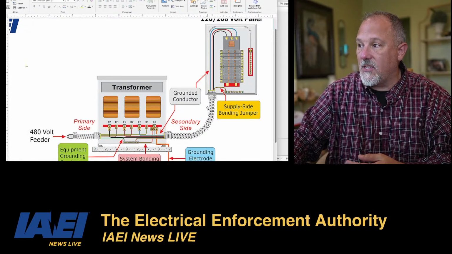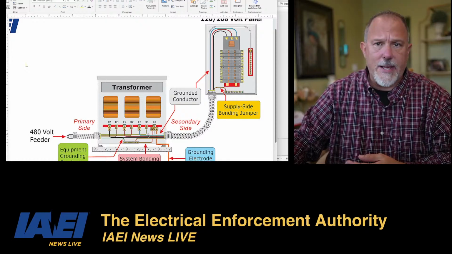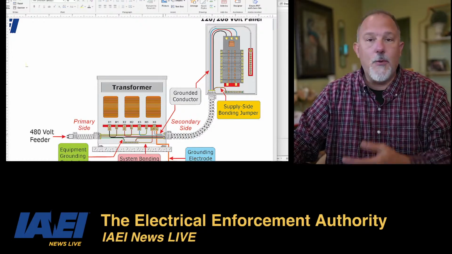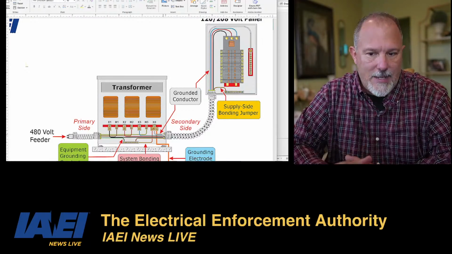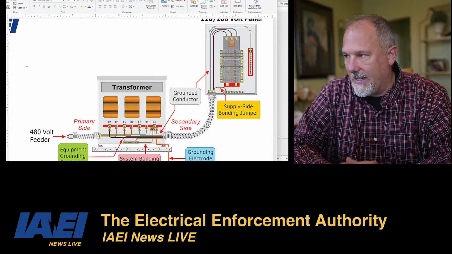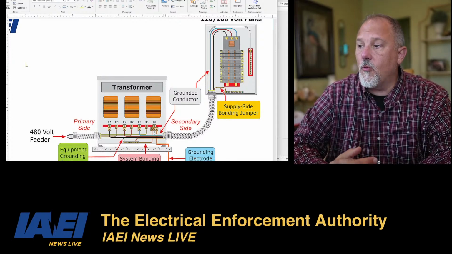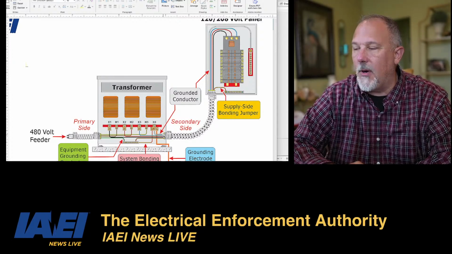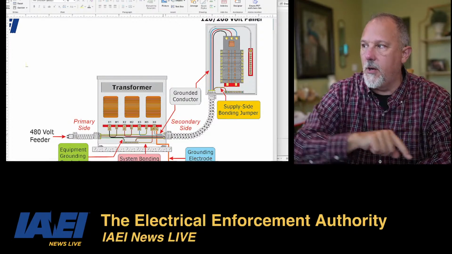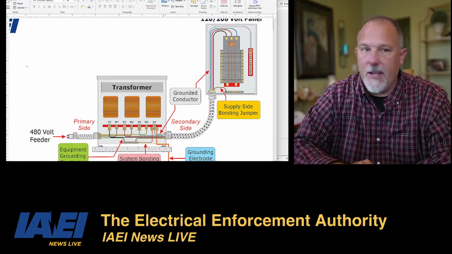This is a flex conductor going to that transformer. When you're running flex, we can't use the flex as our equipment grounding conductor. So we are running a supply side bonding jumper from the transformer to the panel board.